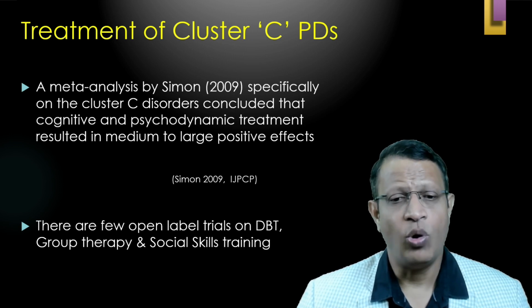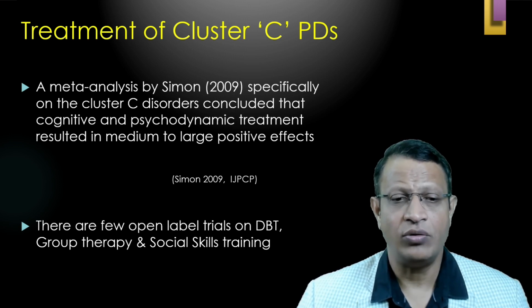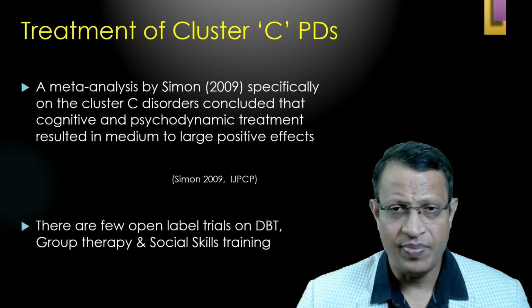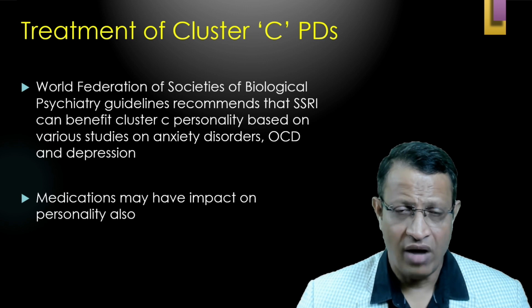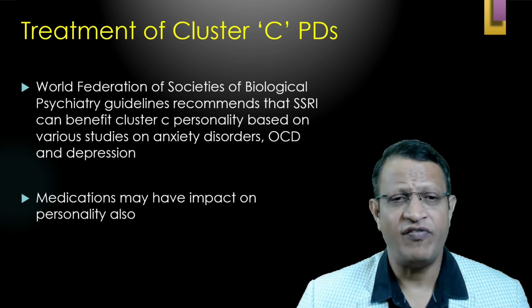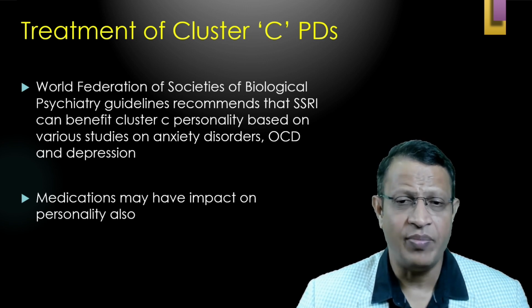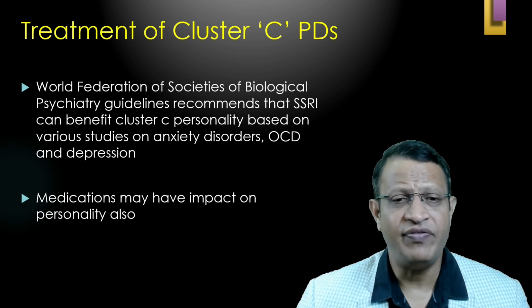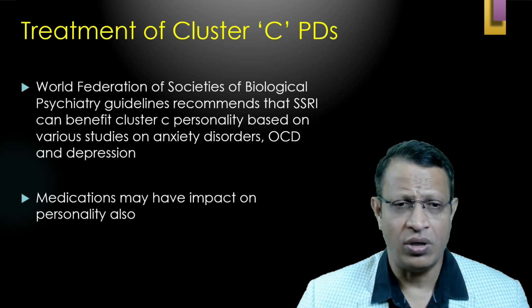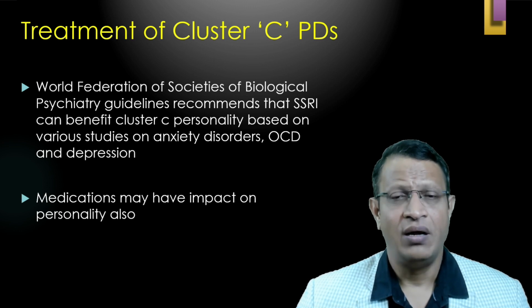There are few open label trials with regard to DBT, group therapy, and social skills training in Cluster C personality disorder. However, the World Federation of Societies of Biological Psychiatry guideline recommends that SSRIs can benefit Cluster C personality disorder based on various studies on anxiety disorder, OCD, depression.